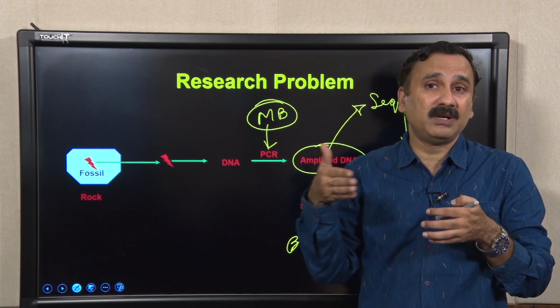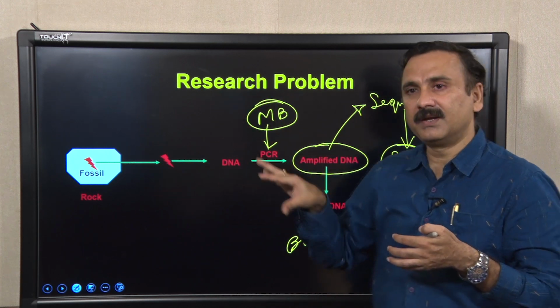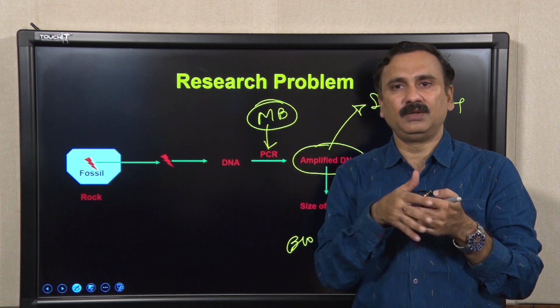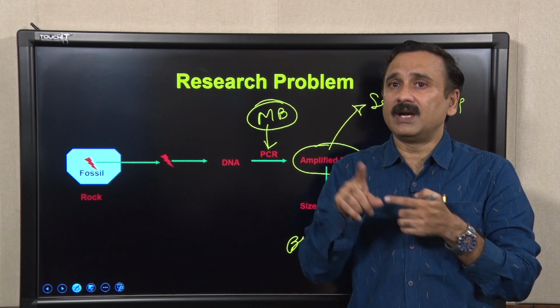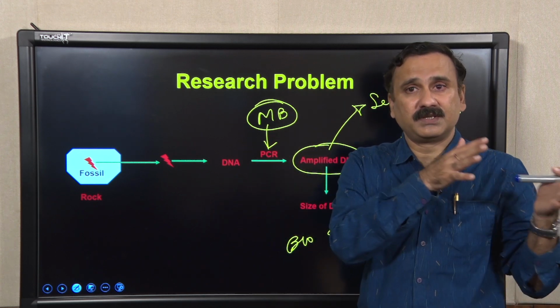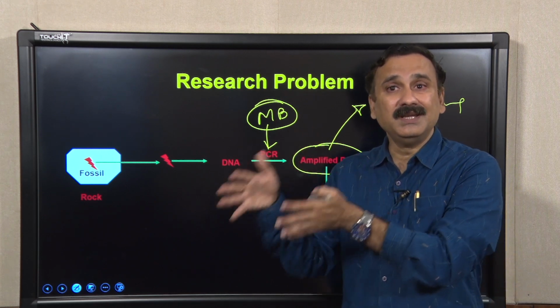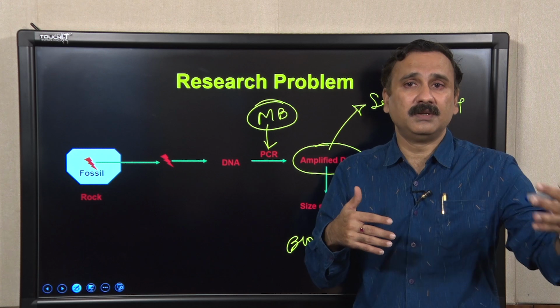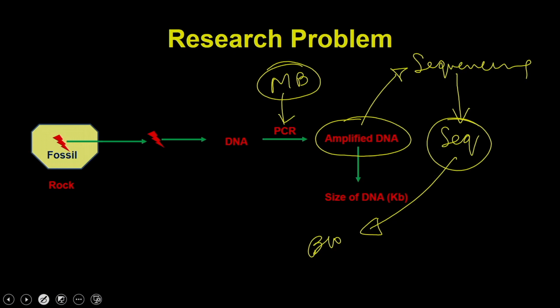That's how you can identify what kind of dinosaur this is, because that information is still missing. You got the dinosaur's DNA, but you don't know what kind of dinosaur, whether it is an Archaeopteryx, or a dinosaur closer to birds, or closer to lizards. Those kinds of information you will get when you do a bioinformatics analysis of this DNA.